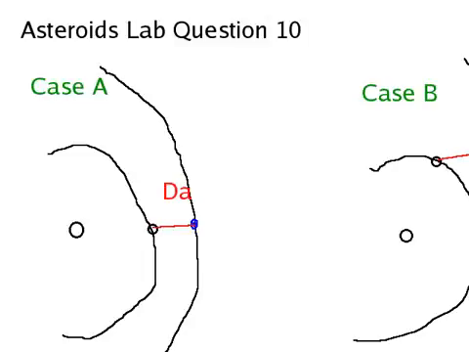No, I wanted a straight line, because you're supposed to measure with a ruler. Okay. And we're going to call this dB. So the distance for case B.